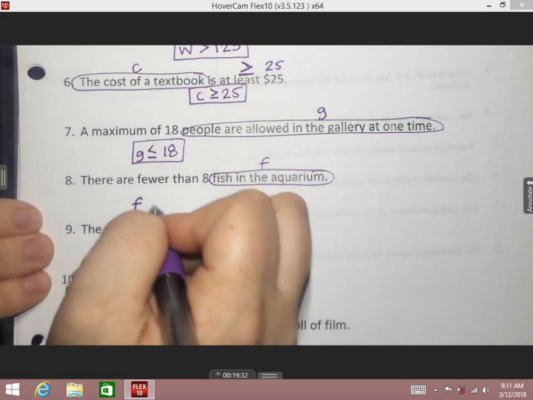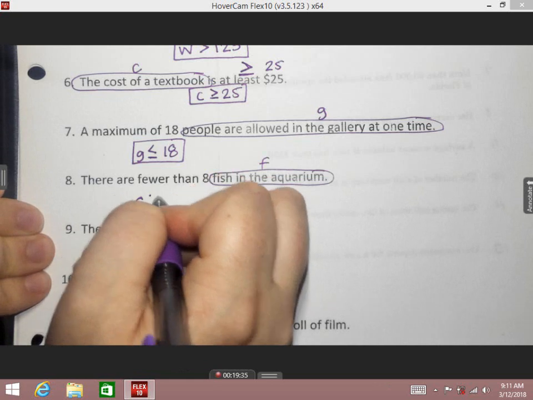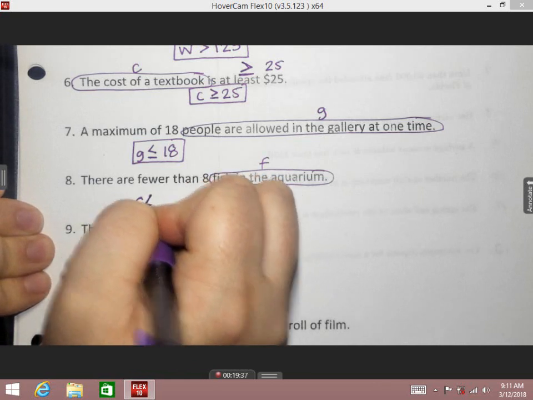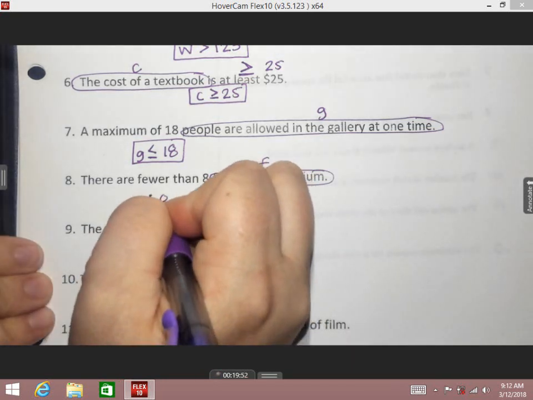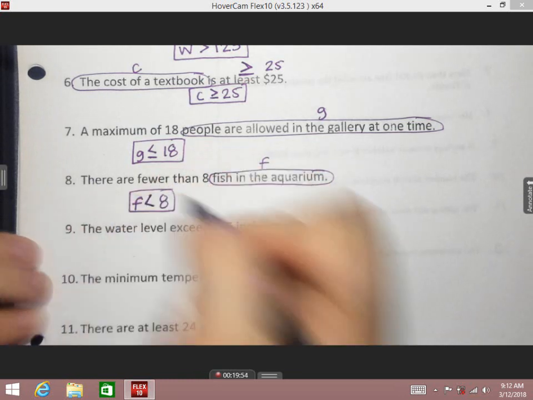Less than. So we're pointing to the left. If it says fewer than 8, is that including 8? Is 8 fewer than 8? No. So we don't want an equal to bar. We're just going to say less than 8.